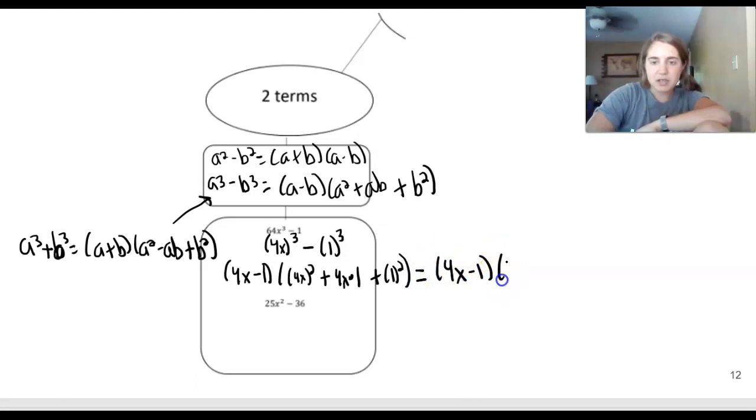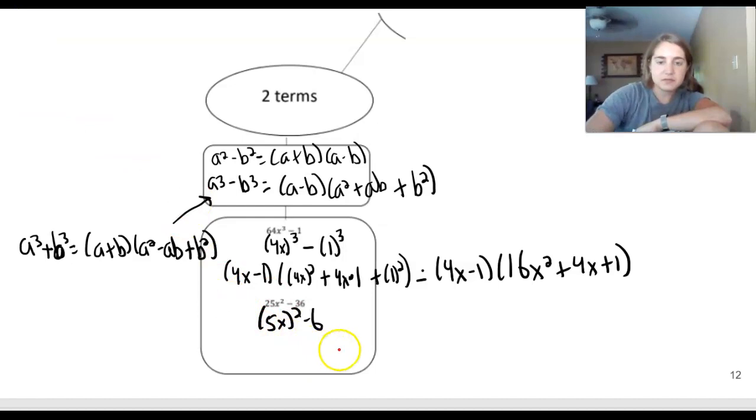And then we can write that nicer. And then this is difference of cubes.